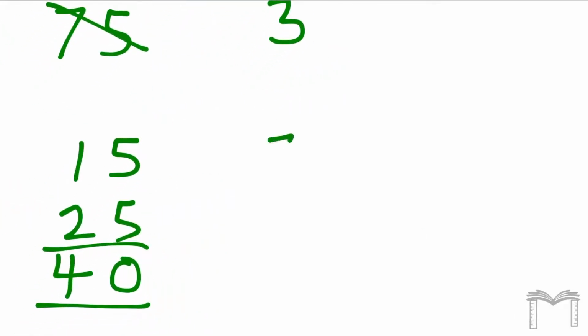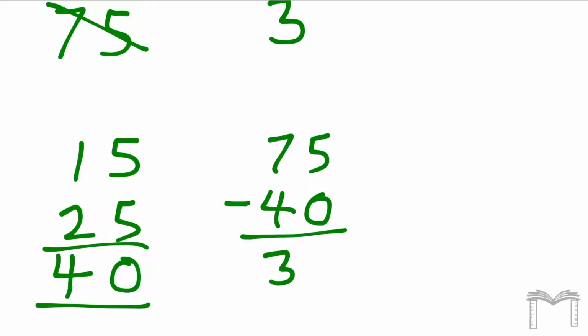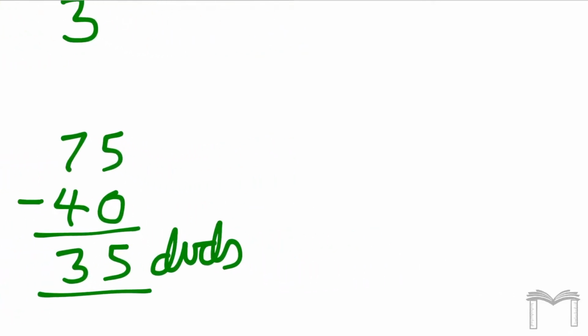So if he started with 75 and he no longer has 40, he now has 35 DVDs for himself, and as a fraction that will be 35 out of 75.